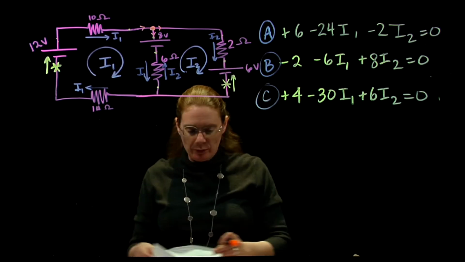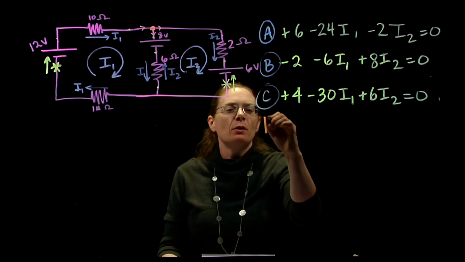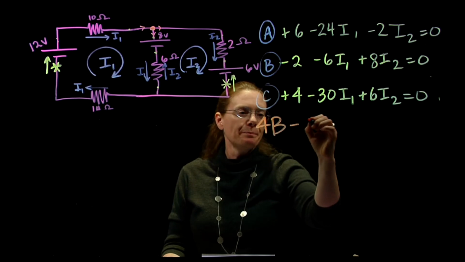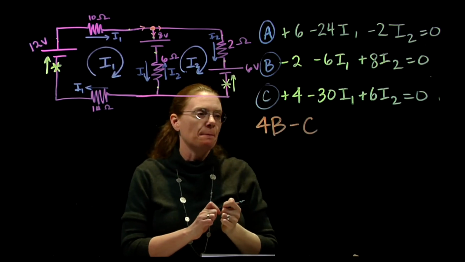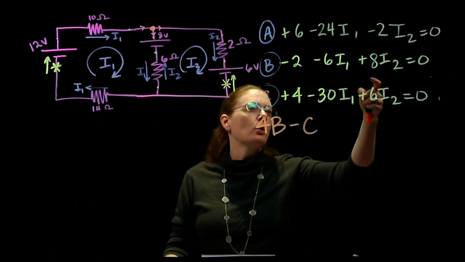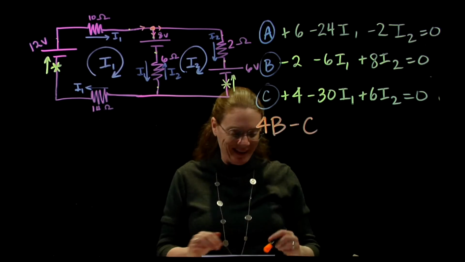Let's start with, which one did I choose? 4b minus c. Why did I choose that? So if I were to take equation b, multiply by 4, and subtract equation c, what would I end up with? Okay, 4b and minus c. Oh, I have these in a different order.